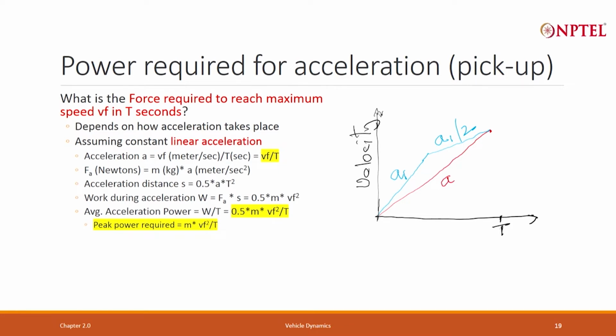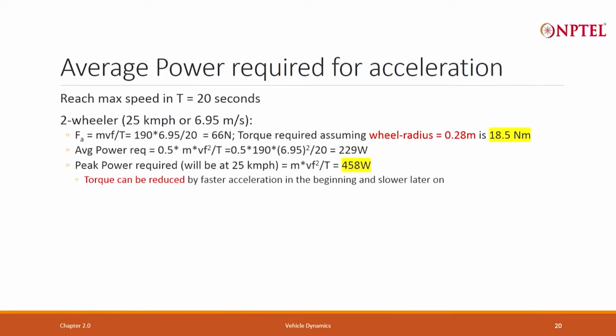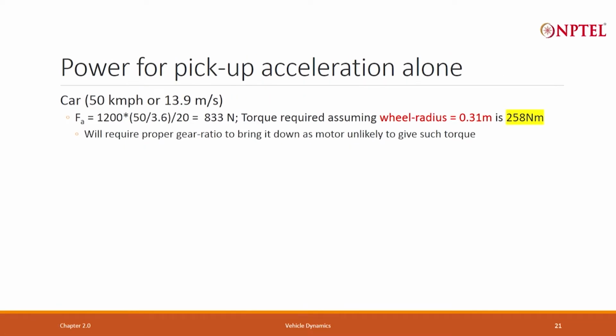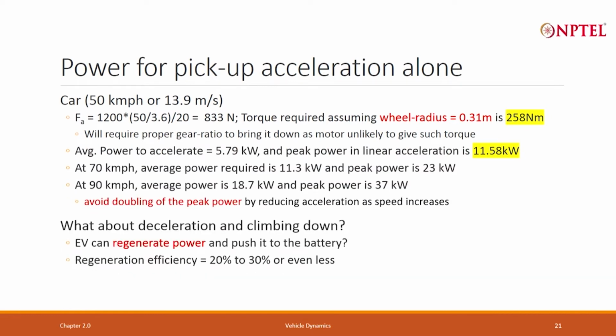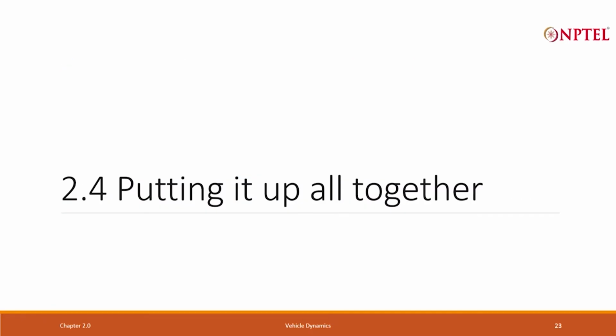We computed this and gave an assignment that the peak power consumed, if I follow this approach, is only 2/3 of the peak power used if you follow the other approach. We will get into more of this later on, but for the time being we will leave it. The next section is putting it all together. When you put it all together, how does it look?